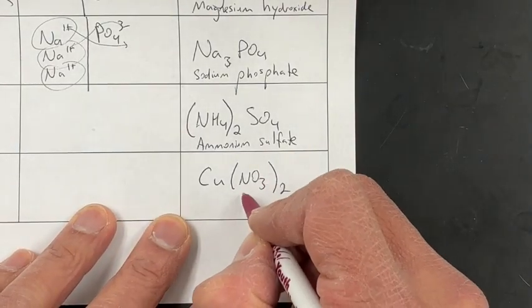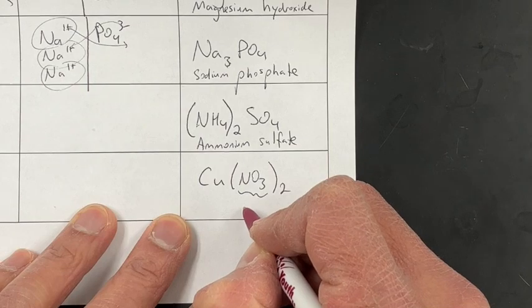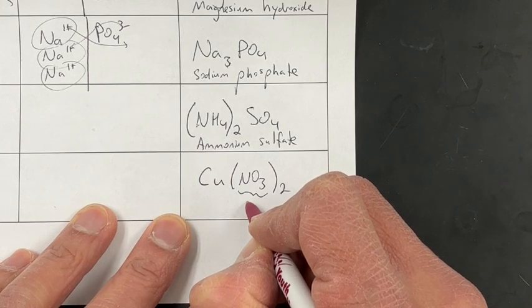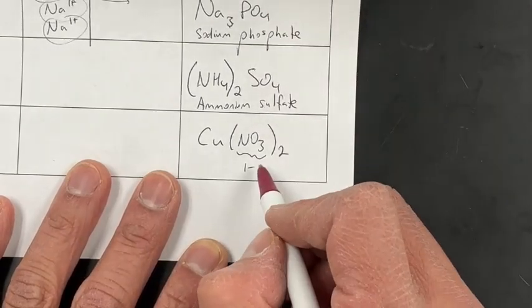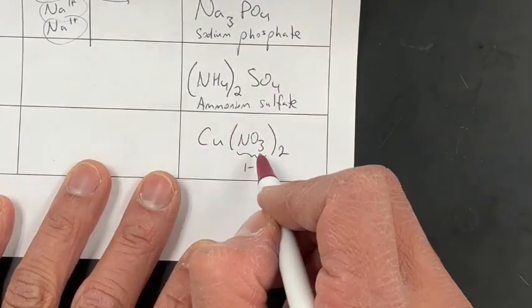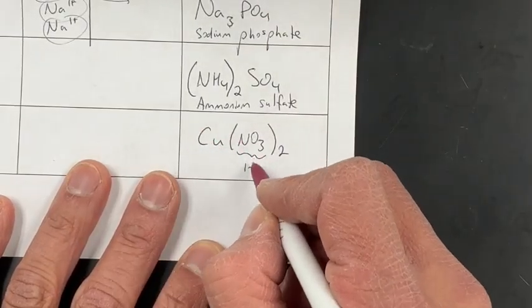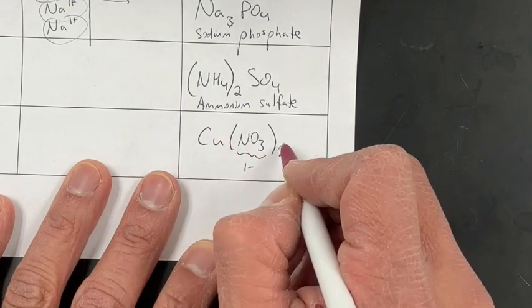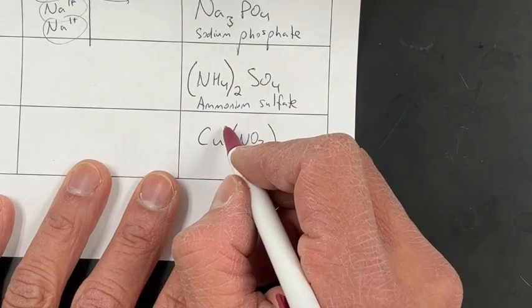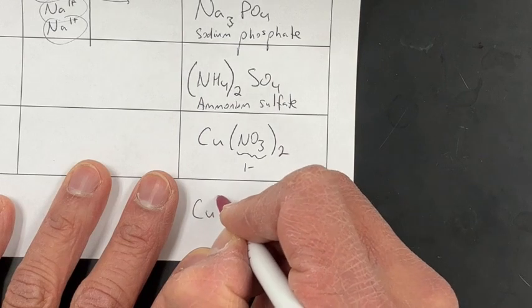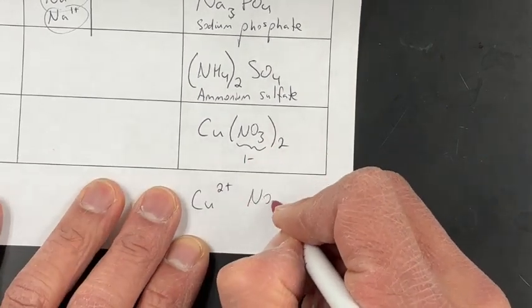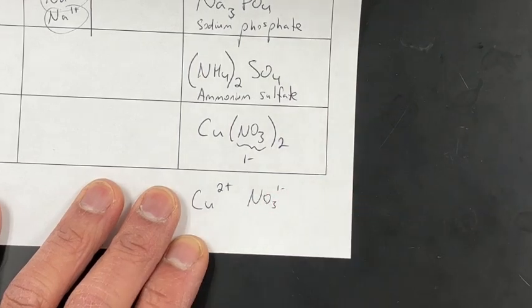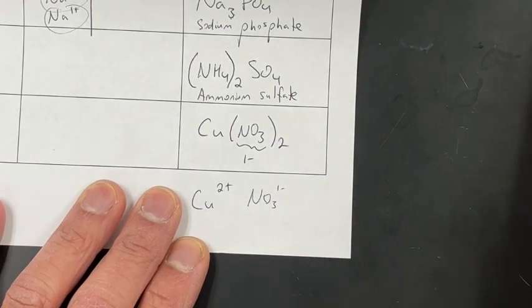Well, if you know that nitrate is always 1 minus, then copper, in this case, because there's 2 of the NO3s, and copper has to balance that out, then you know copper is going to be a 2+ charge in this case. NO3 is always 1 minus, and that's how that balances out.